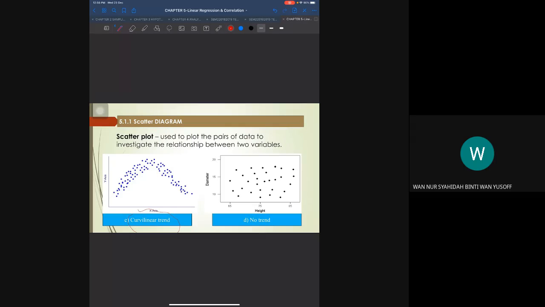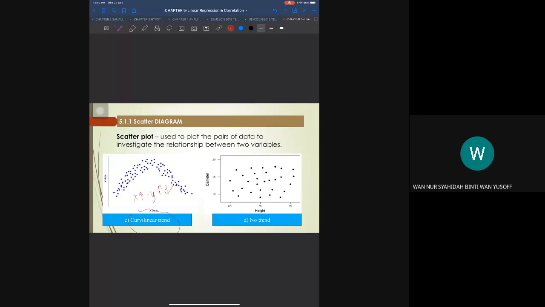Curvilinear trend means it is ups and downs: when X increases, Y increases and then goes down. And another one, if your data is scattered, then there is no trend.